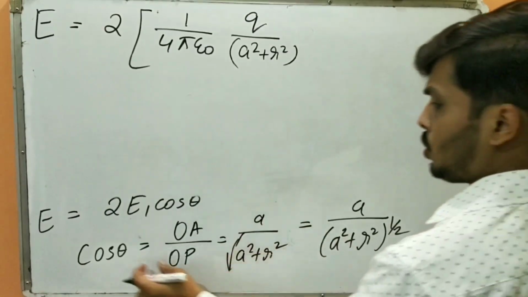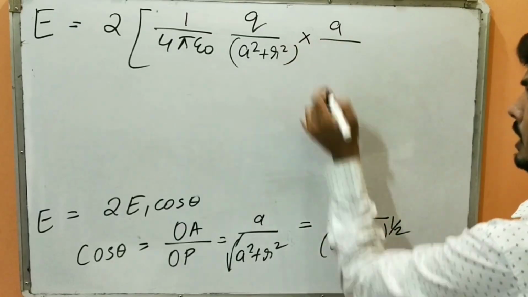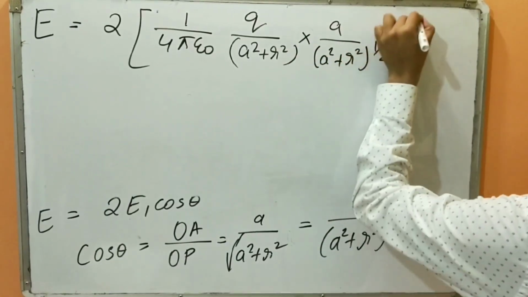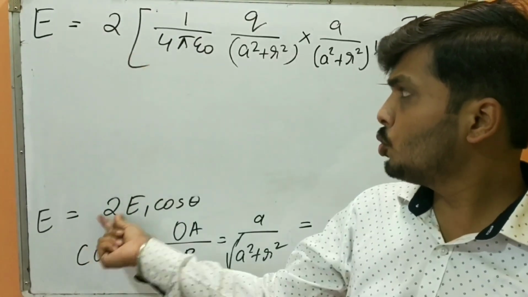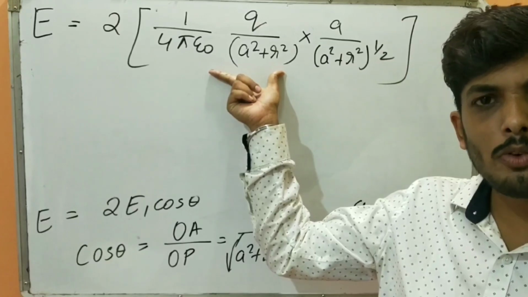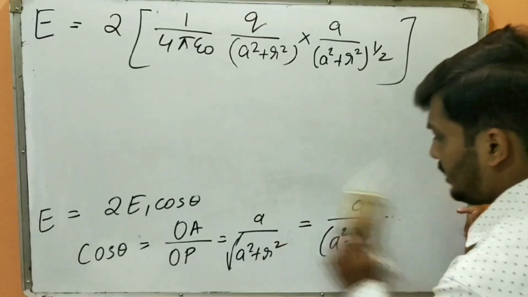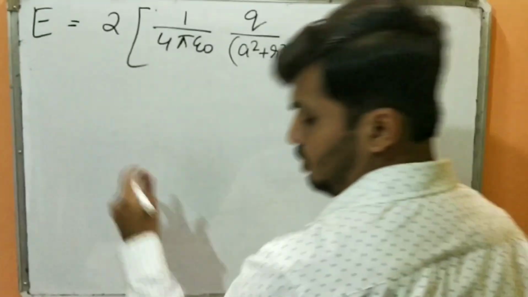And into cos theta. What is cos theta? A divided by (a square plus r square) to the power 1 by 2. Correct? See here, students, E equals 2 times E1 was this, if you refer to the diagram, and cos theta is this. Shall I erase this now? Okay. Now look carefully here.